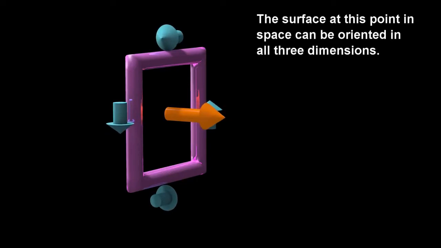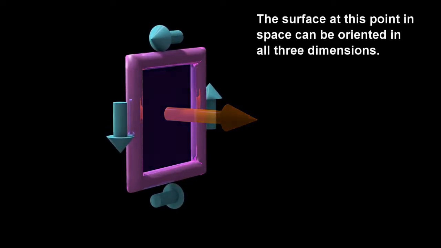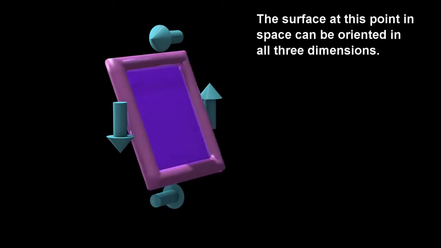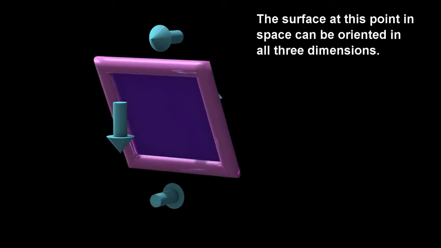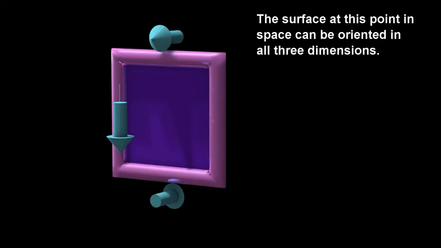The surface at this point in space can be oriented in all 3 dimensions. Therefore, the curl of this vector field at each point in space can have components in all 3 dimensions.